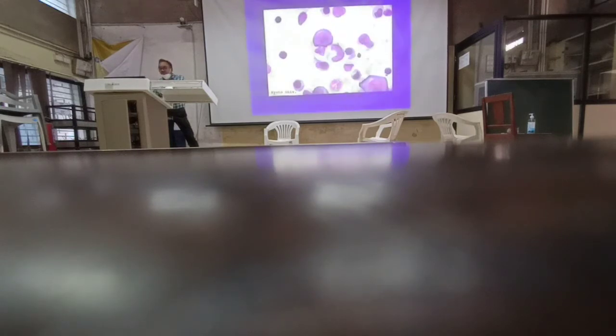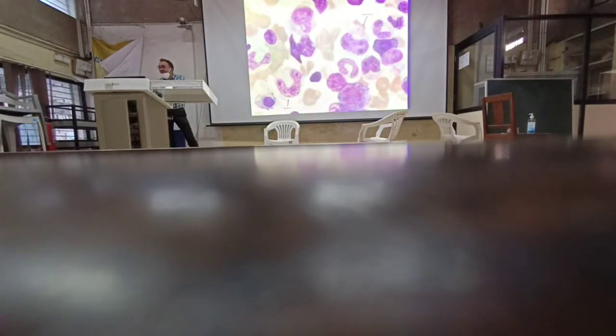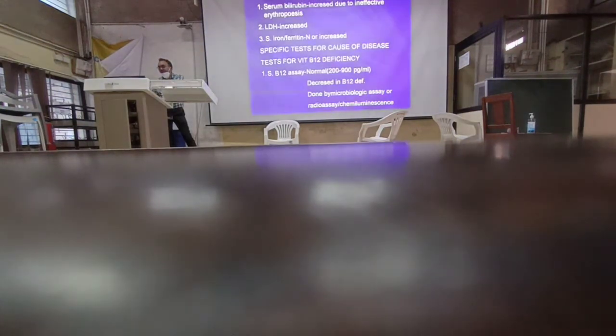Here a giant metamyelocyte at the center you can see, and at 5 o'clock position a giant megaloblast is seen. Here a giant metamyelocyte at the center with the arrow. At 7 o'clock there is a myelocyte. Open sieve-like nuclear chromatin you can see because of the DNA synthesis problem.